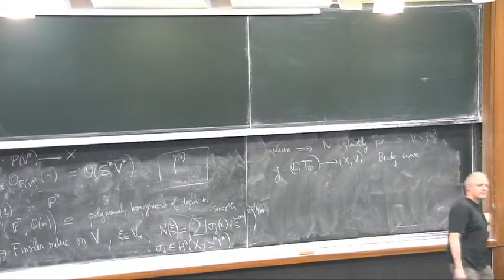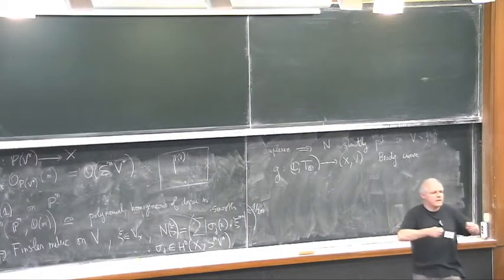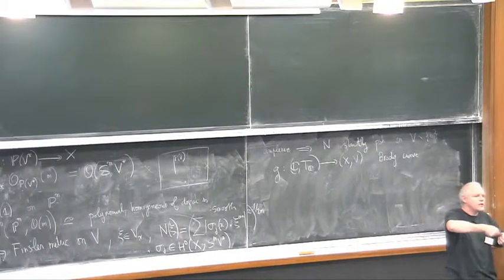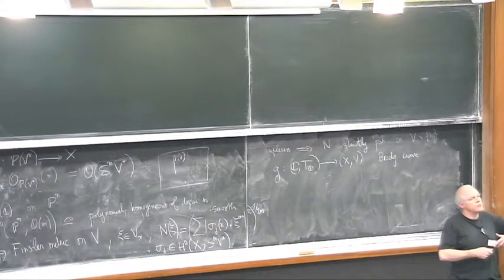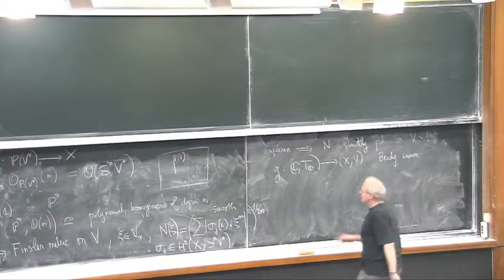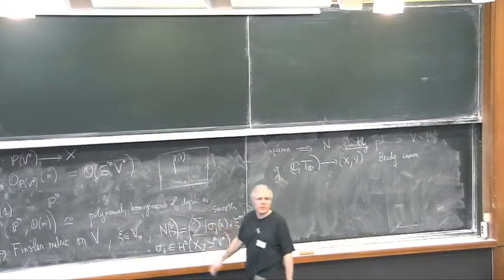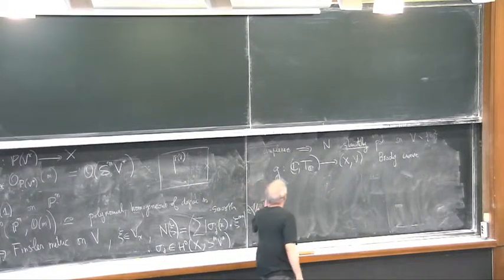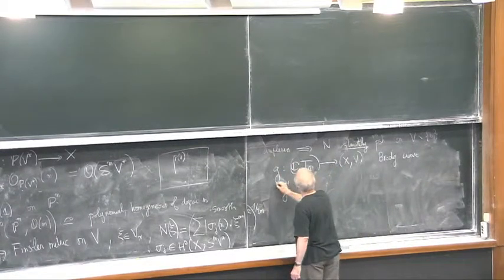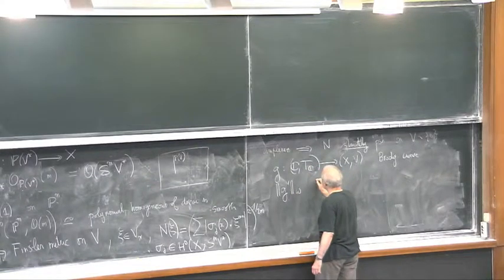And then you have to take even M larger, so that not only they have no common zeros, but also they generate all jets, all one jets. They produce an embedding, so you have all possible differentials. So it has to be strictly plurisubharmonic. Okay, the DD bar is strictly positive, not just semi-positive. But then if you take a Brody curve, then the derivative is bounded for some metric.